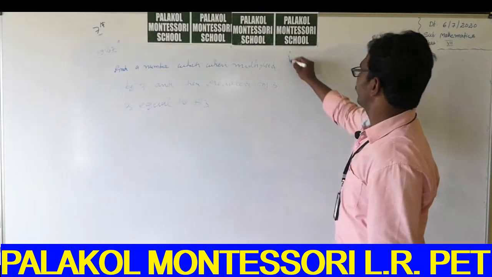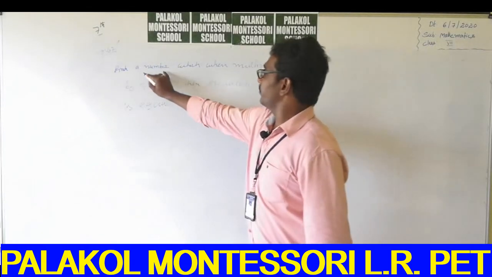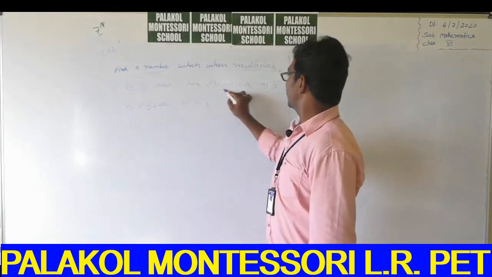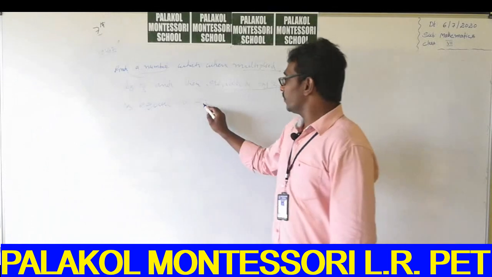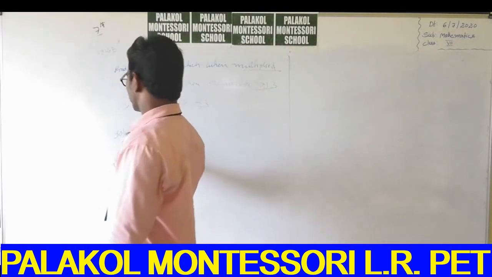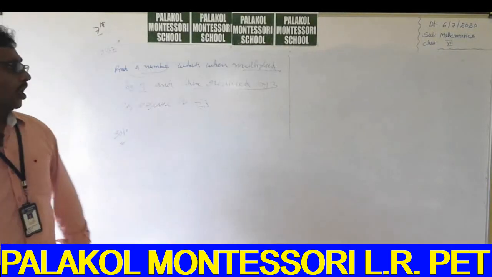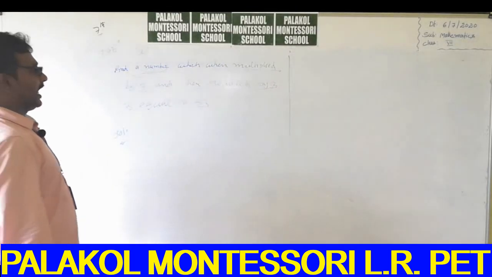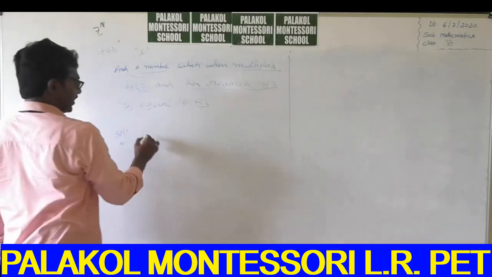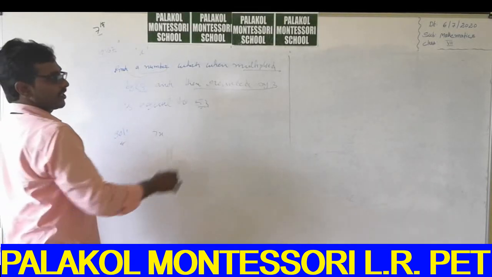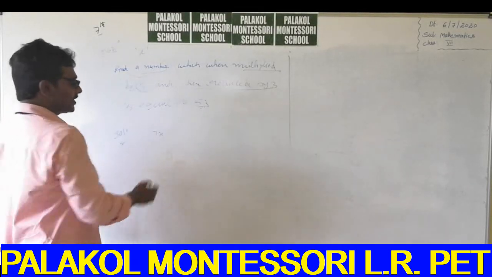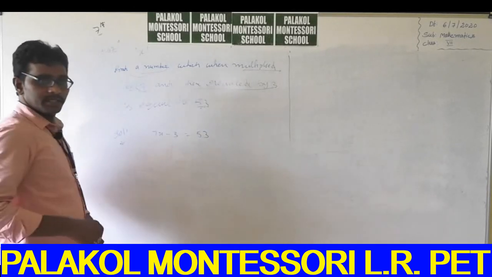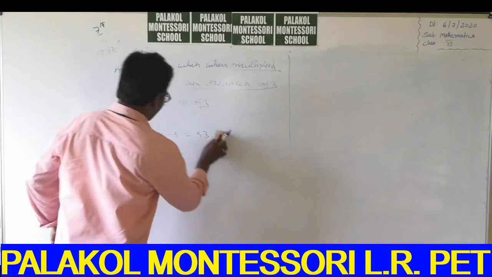Guys, see, find a number which when multiplied by 7 and then reduced by 3 equals 53. Which number do you find out? x you find out. x is multiplied by 7, that is 7x. Reduced means its value decreases, minus 3, equal to 53.